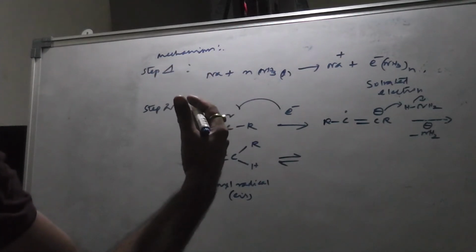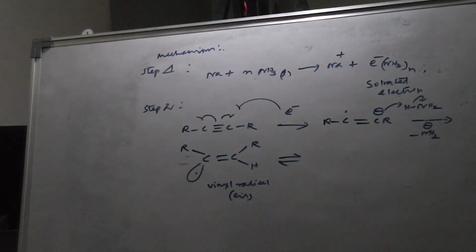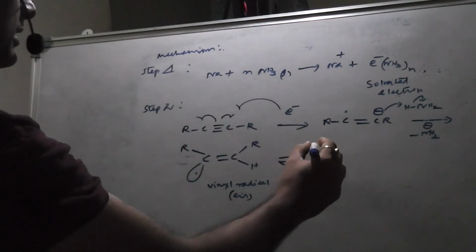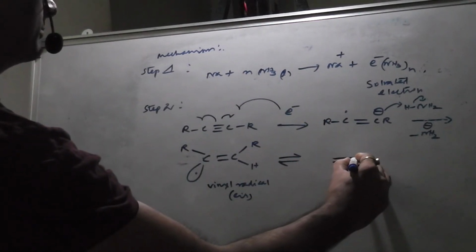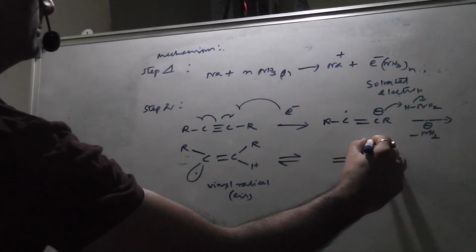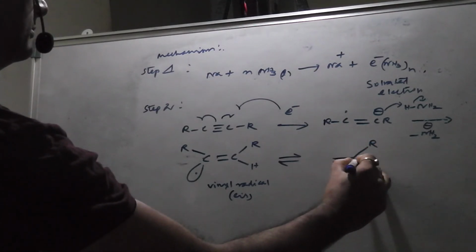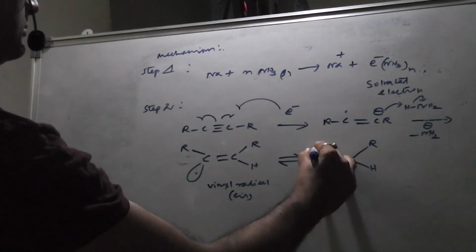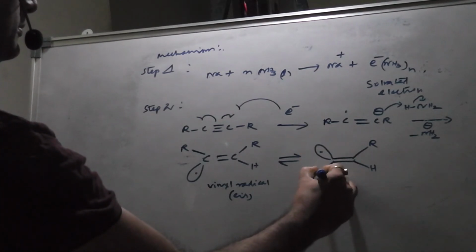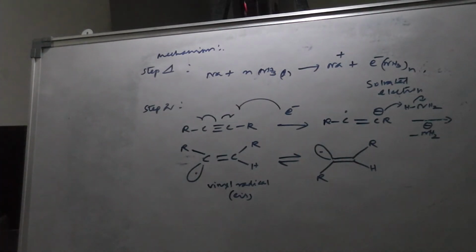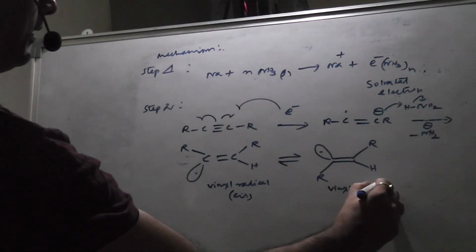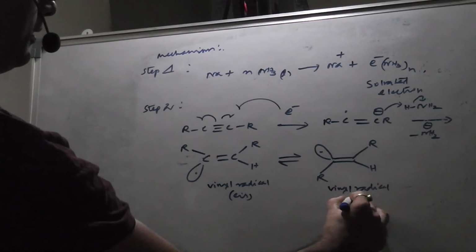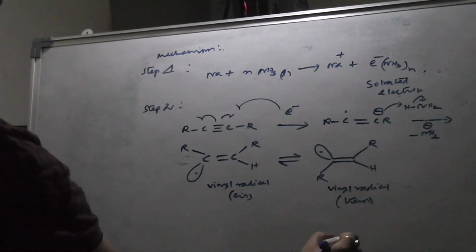If they are on the same side, there will be a repulsive force that makes it unstable. So the cis will be converted to the trans structure, the trans vinyl radical.